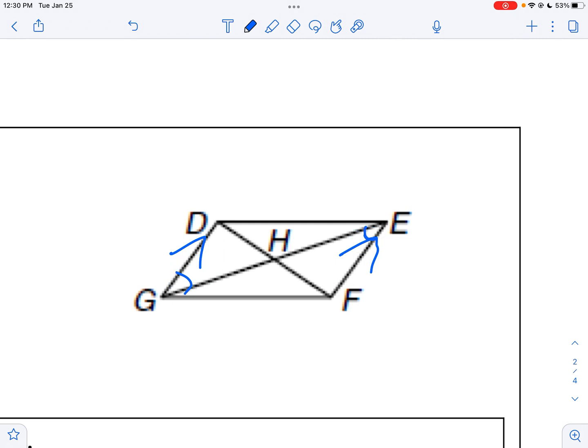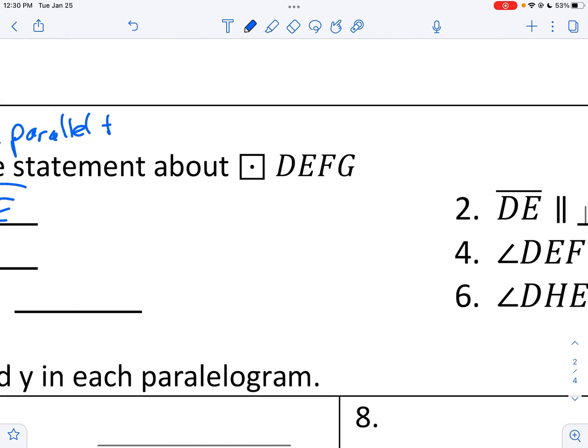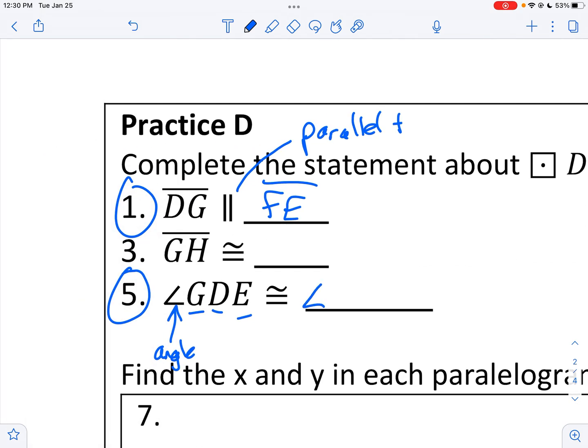So I'm going to put a little congruent mark there. And so now we need to name this angle. Well, the two sides that go off from it hit F and G. And so you can write the angles FEG, or you can do GEF. Both are fine. So I'm going to put that angle FEG is the other one there.